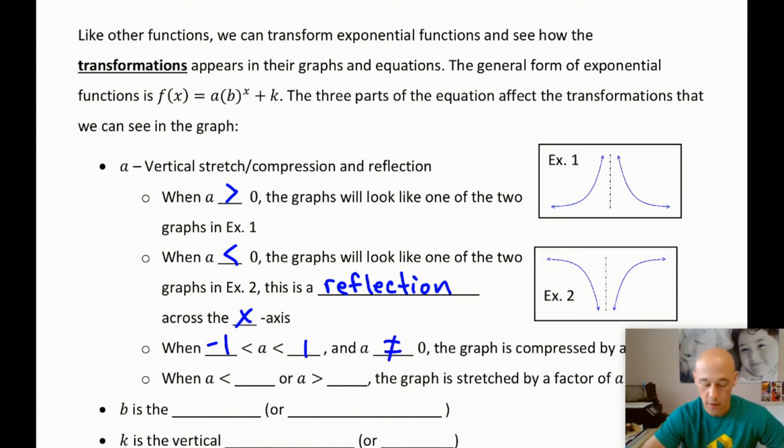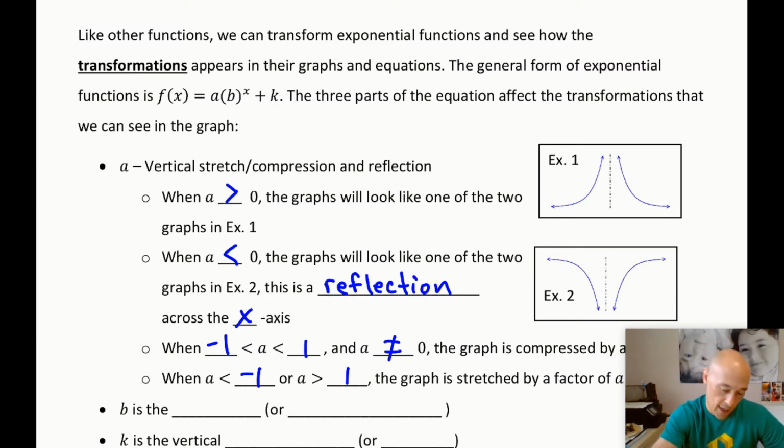A can't equal 0. So it's squished. It's vertically compressed. When a is less than -1 or a is greater than +1, the graph is stretched vertically by a factor of a.